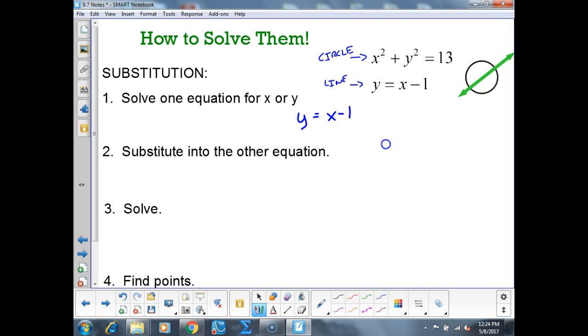So this becomes x squared plus, now instead of y squared, I'm going to put x minus 1 quantity squared equals 13. And now I've got to solve that. So what is x minus 1 quantity squared?